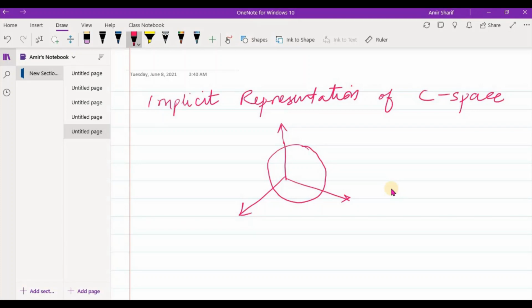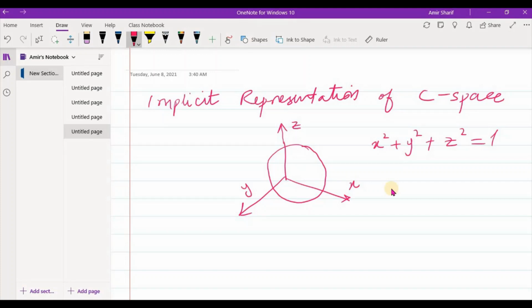Let's say this is a sphere we have, and this is the z coordinate, this is x, and this is the y coordinate. We use these three coordinates along with the constraint that x squared plus y squared plus z squared is equal to 1. So this is a constraint. We are all familiar with that.